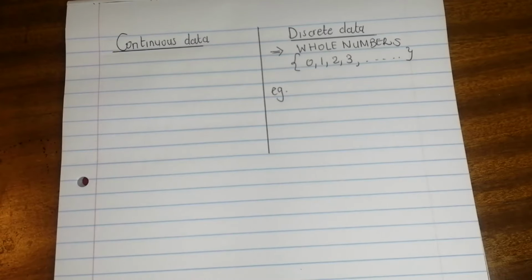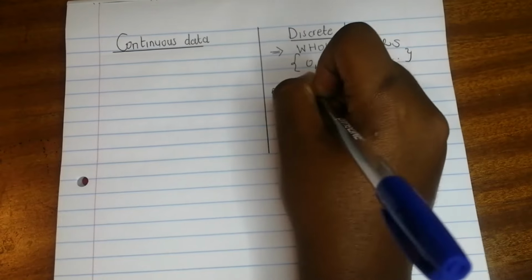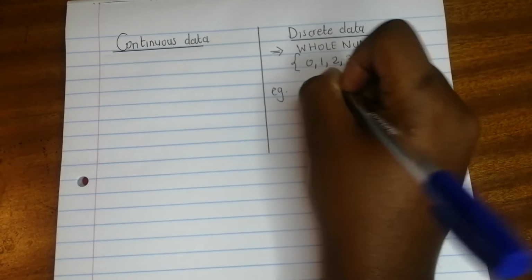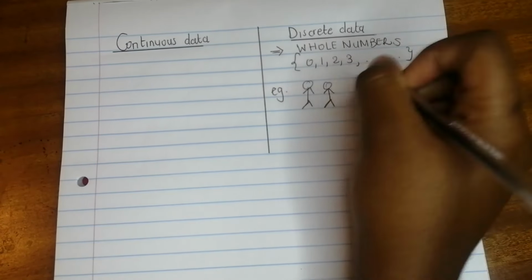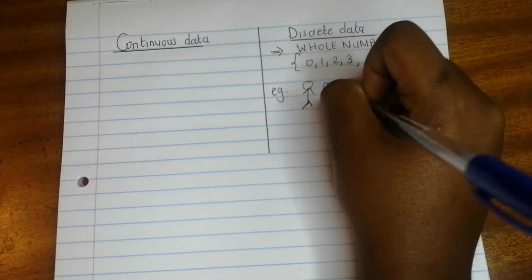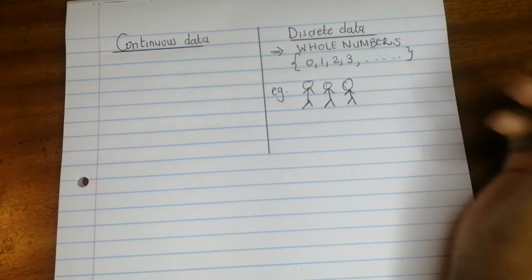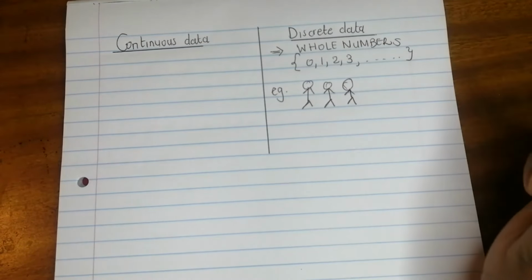There are 10 learners in grade 12 in Boksburg High, or 20 learners in grade 12 in Benoni High. So it has to be whole numbers, because you cannot get half a person.